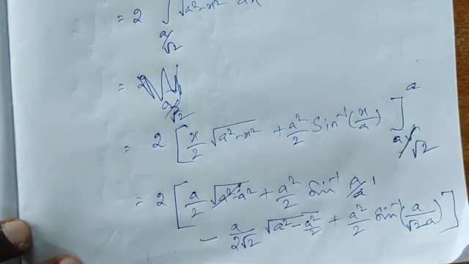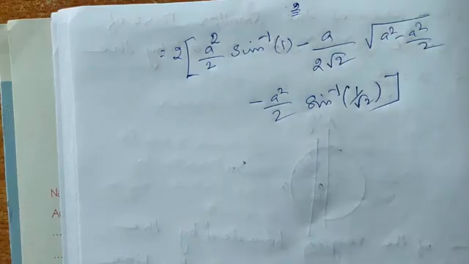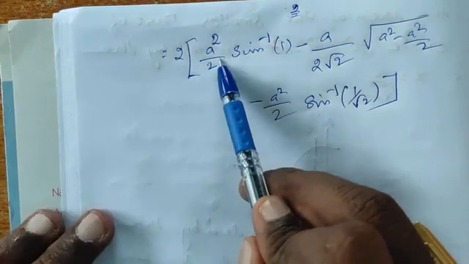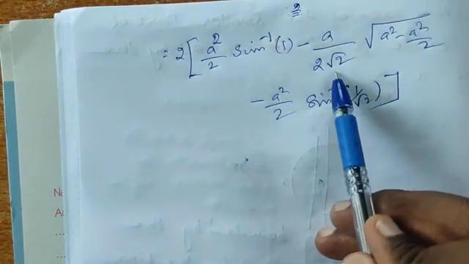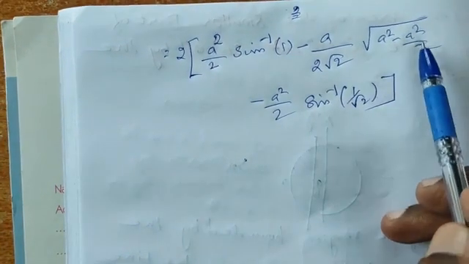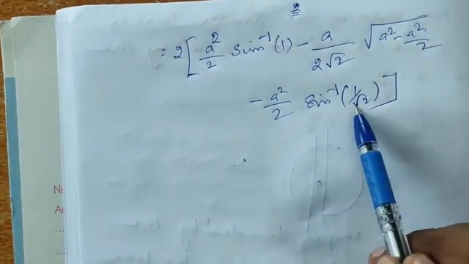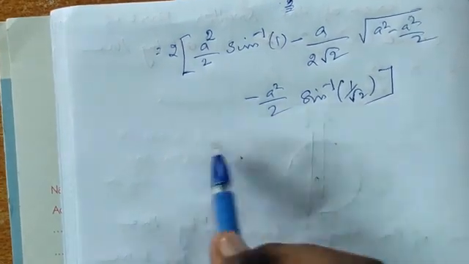Okay, we can come to the next step. So 2 into a square by 2 into sine inverse of 1, minus a by 2 root 2 into root of a square minus a square by 2, minus a square by 2 into sine inverse of 1 by root 2.